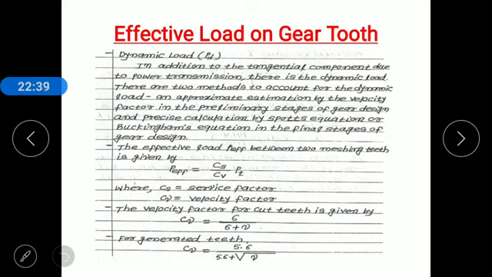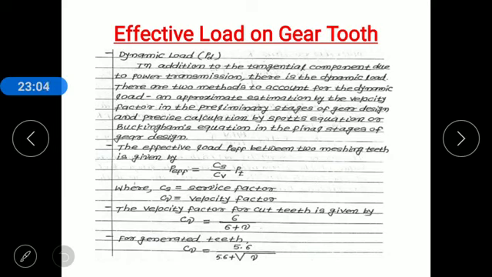The effective load P effective between the two meshing teeth, in the preliminary stages of gear design, is equal to service factor divided by velocity factor into tangential force. P effective is equal to Cs divided by Cv into Pt. Cs is the service factor, Cv is the velocity factor, and in bevel gears two relations are used to obtain the value of the velocity factor.